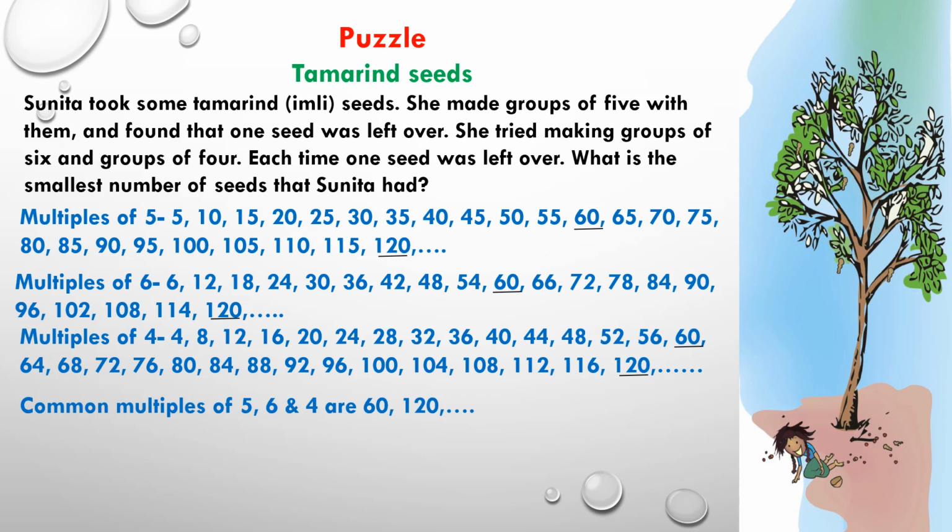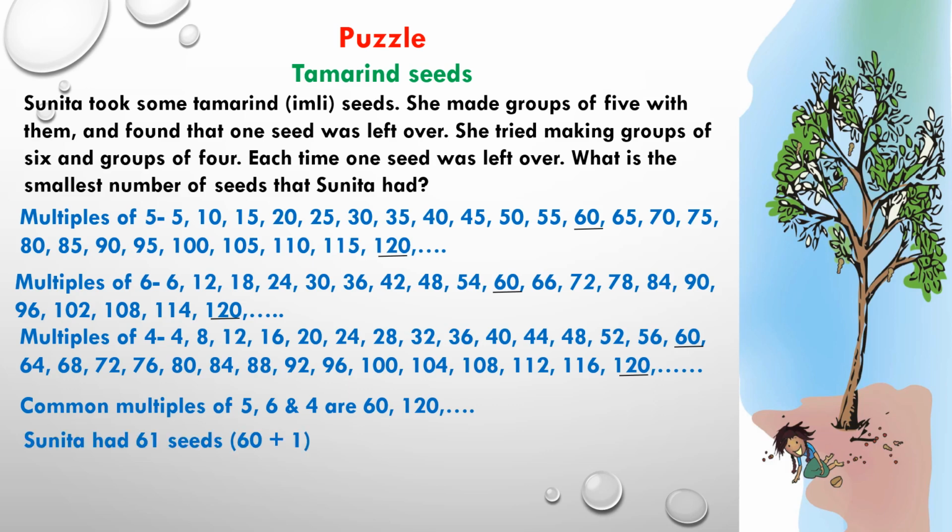Okay, why plus 1? Because after making groups, she was left with 1 seed and the common number is 60. So she can have 60 seeds and she made groups from those 60 seeds, and whenever she is making groups from seeds, 1 seed is left. So I am writing 60 plus 1, which is equal to 61 seeds.